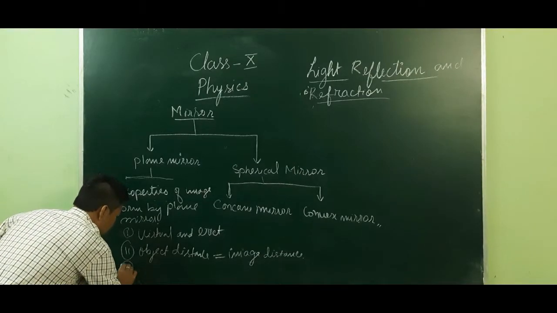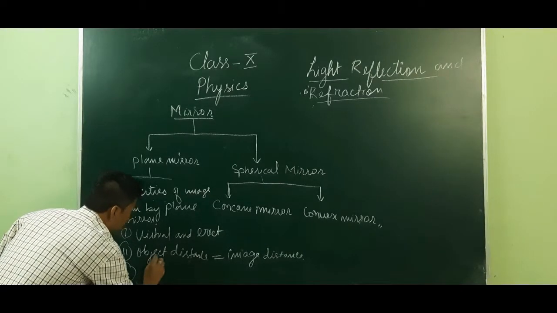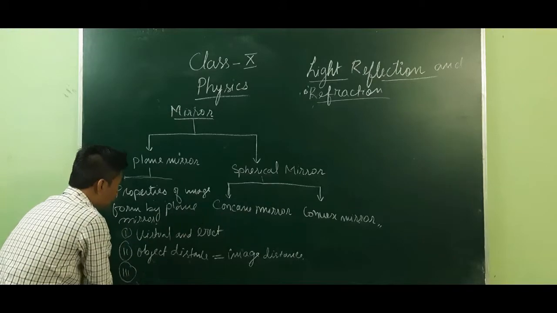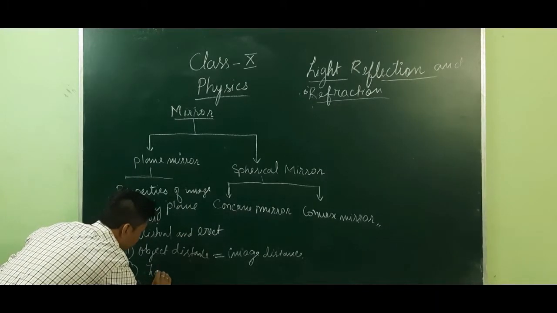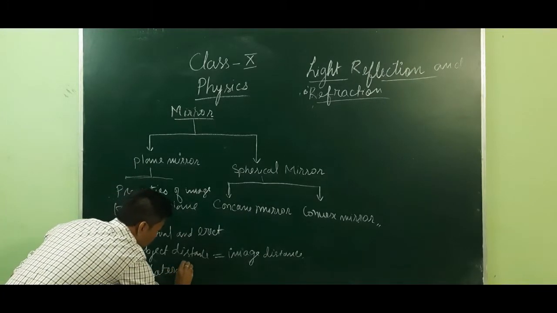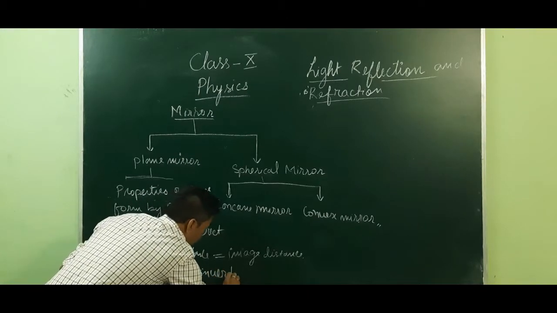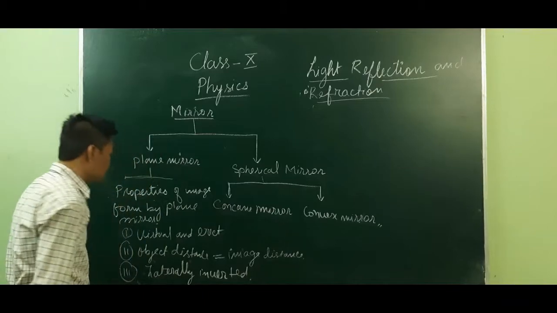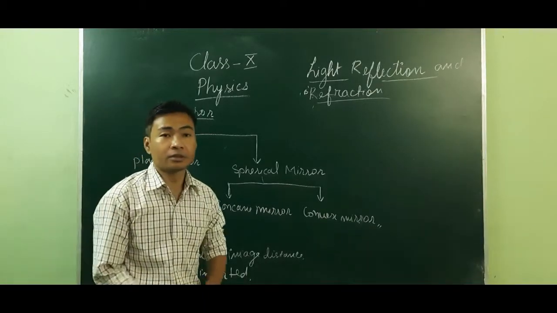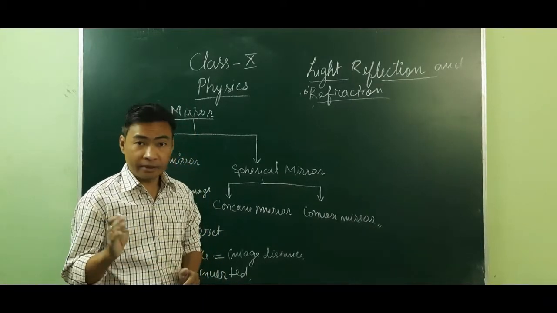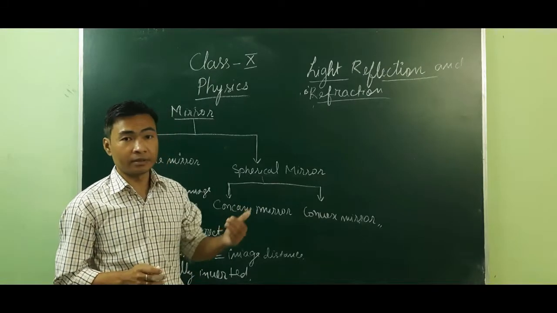Third thing is the image appearing in the plane mirror is laterally inverted. What is laterally inverted? Laterally inverted means the right hand and left hand are interchanged between the object and image.